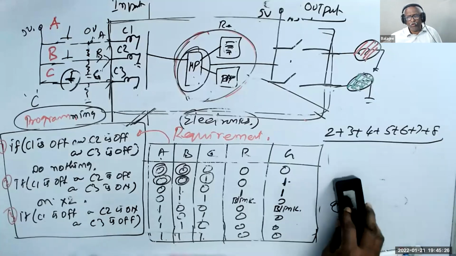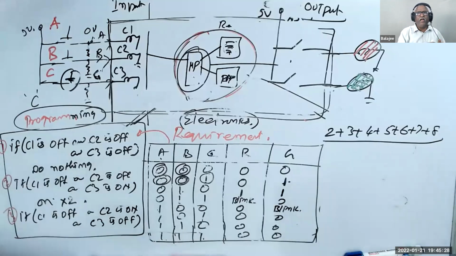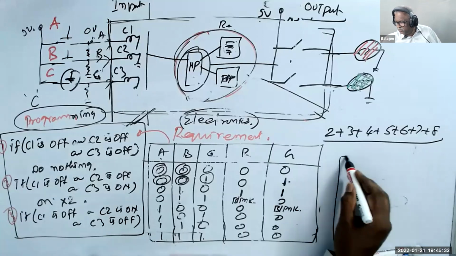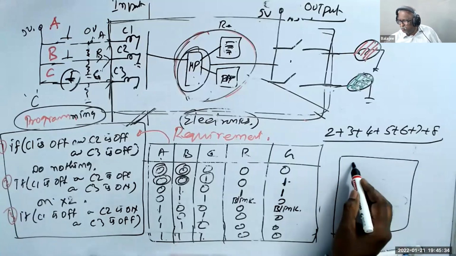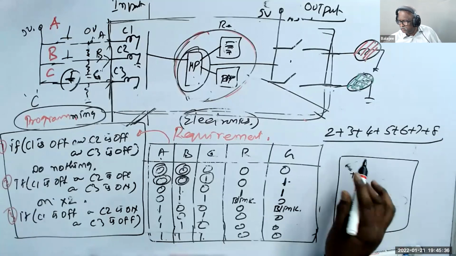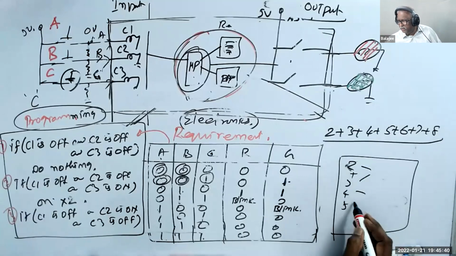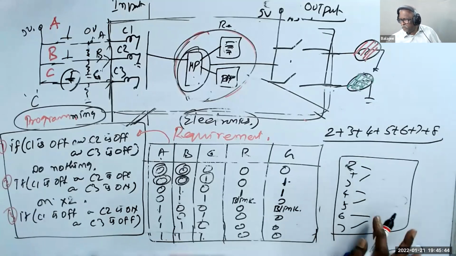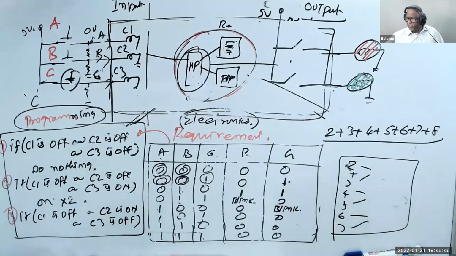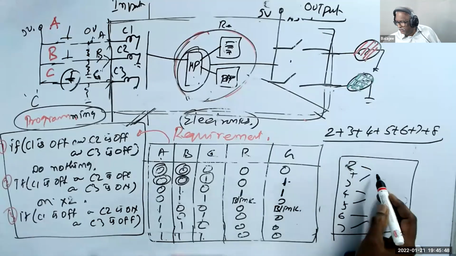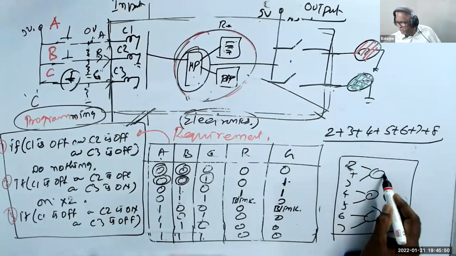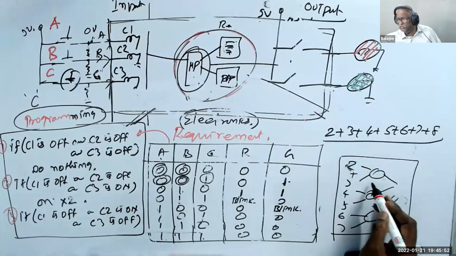So that is slow. But if I implement them in hardware, 2 plus 3 will be added, 4 plus 5 will be added in parallel, 6 plus 7 will be added in parallel. Understand now? Then the results will be added in parallel. So I get things faster.